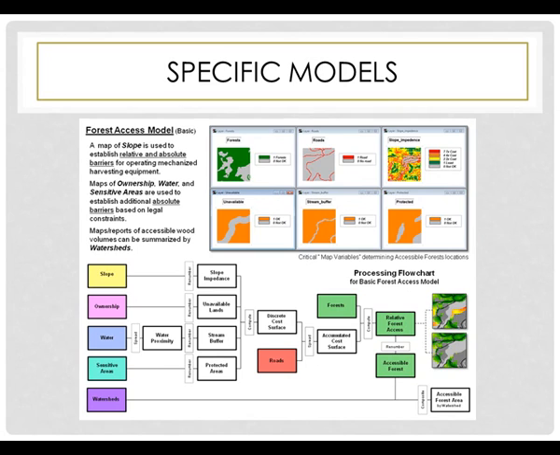And so you then basically analyze each of these factors and their relationship to one another so that you come out with an indicator that shows you which land has an impedance due to slope, which land is unavailable due to ownership, where do you have stream buffers so you can't operate equipment, where do you have protected areas. And from that, you can then create a cost surface, which is basically a result of the model that tells you feasibly where can you operate this equipment.